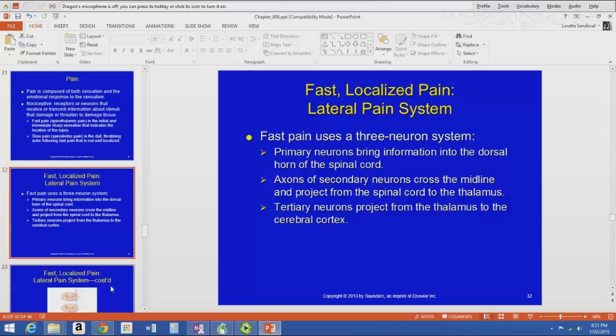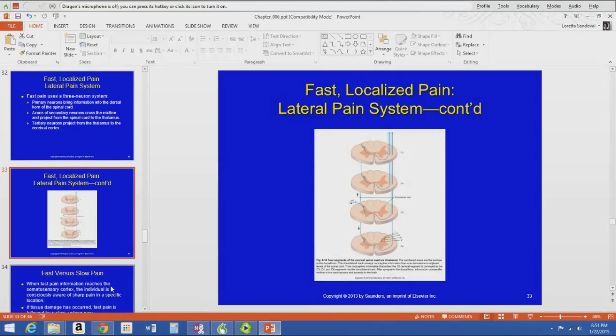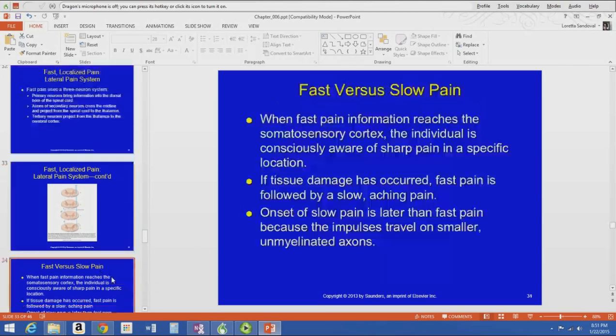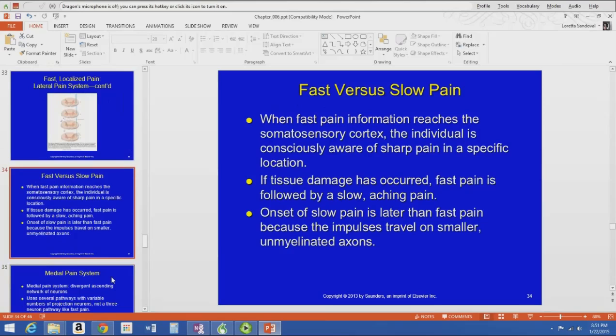Okay? So there's a little diagram. You can see in the bottom one, the information's coming in through the dorsal horn. It crosses over immediately. It runs up that anterolateral column, boom, and straight up to the thalamus. Okay? And all of these diagrams are in the book.